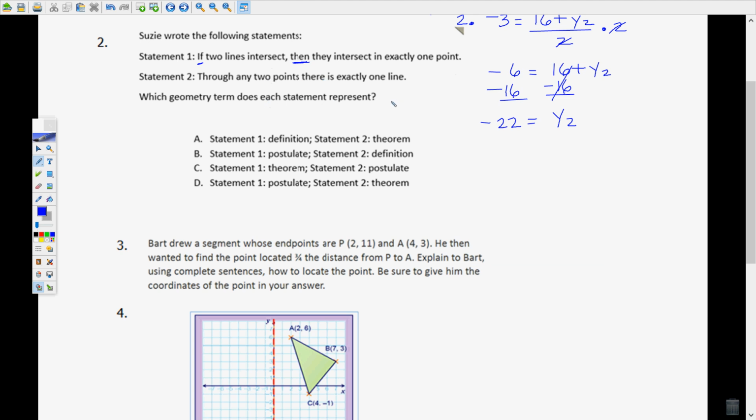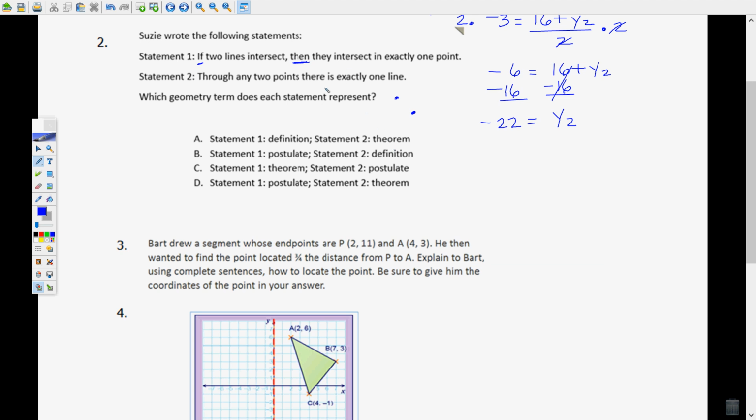A definition tells you what something means. A postulate is a statement that is true. It doesn't have to be proven to be true. It just is true. For example, statement 2, through any 2 points, there is exactly one line. If you draw 2 points, there's only one way to draw a straight line through those 2 points.